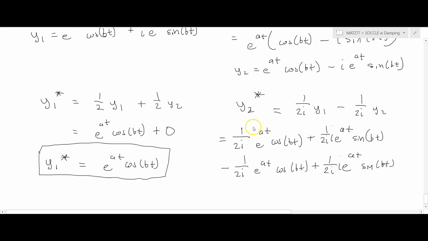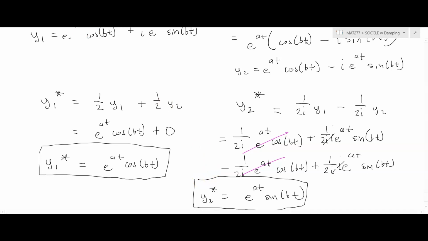And now when I add these, we notice that these two cancel, and what happens with these last two terms is the i and the i cancel, and I have 1/2 of this plus another half of that, which just gives me e to the at sine bt. And this is what we're calling y2 star.